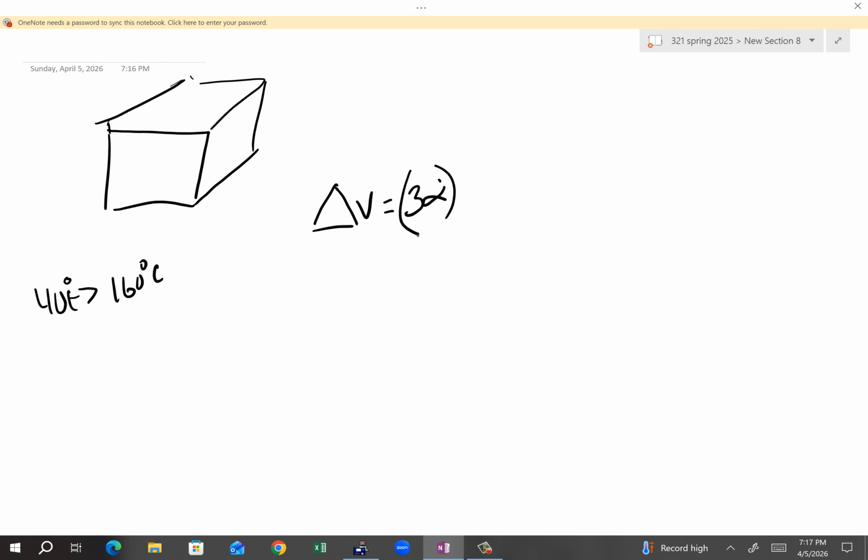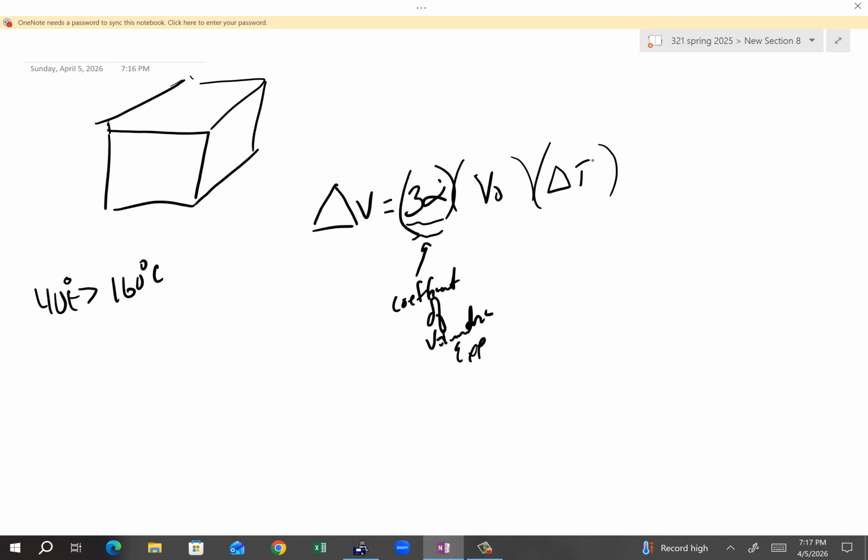You can be concerned with the area or the volume. This is how you would find the coefficient of volumetric expansion. But for water, alcohol, and things of that nature, there would just be an amount for the volume expansion.